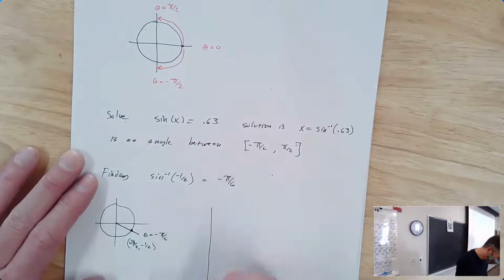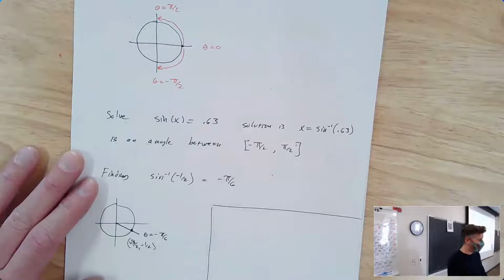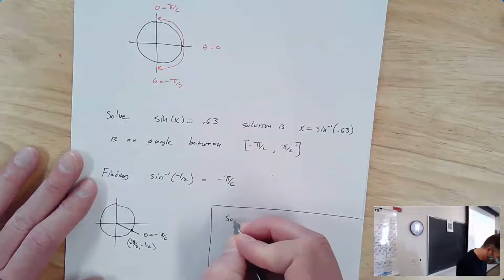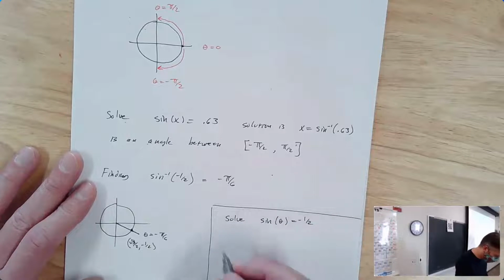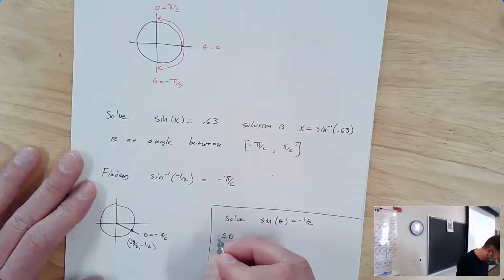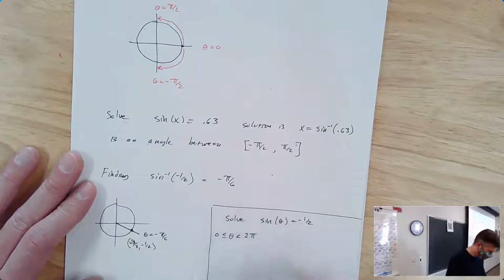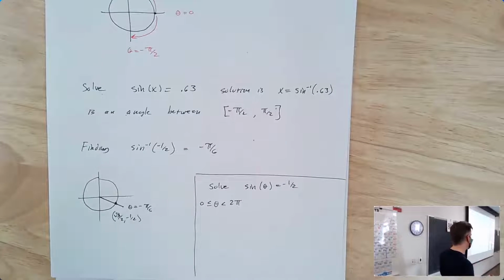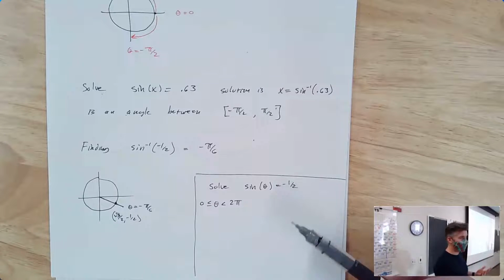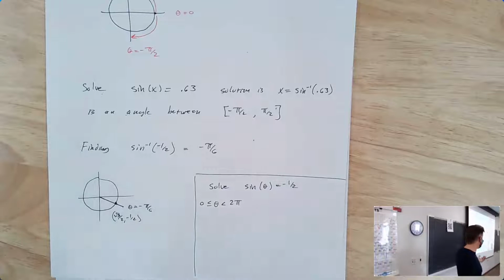Versus if I said a different question, which feels the same, if I said to solve sine of theta equal to negative 1/2, where theta is between 0 and 2 pi, then we're still going to use that information. We know that sine of pi over 6 is equal to 1/2. But now our answers need to be in which quadrants? Where sine is negative. Well, first of all, there's going to be multiple answers. You're getting an answer in quadrant 3 and in quadrant 4.